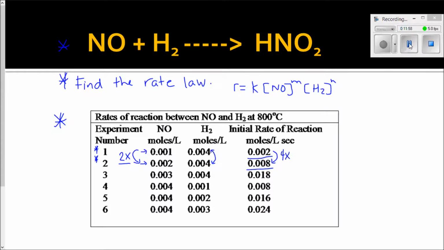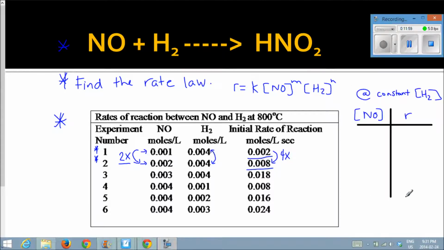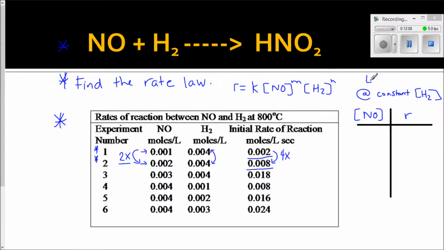So I've created this little chart over here, and I'd like you to do this for these questions. And it says at constant H2 concentration. So in experiment 1 and 2, we have constant H2 concentration. NO concentration has doubled 2 times. The rate has quadrupled.